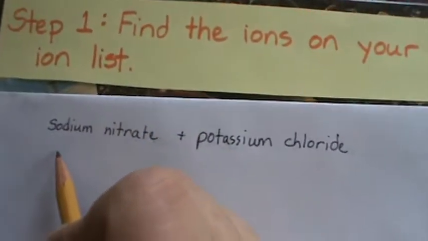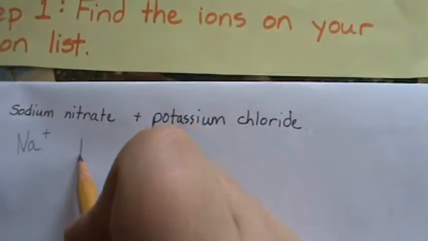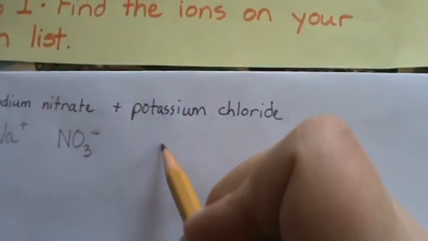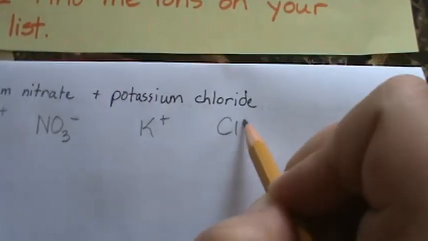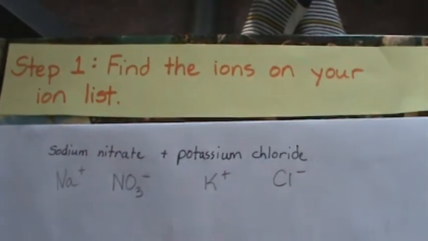So we have Na plus, NO3 minus, K plus, Cl minus. So that was our step 1.